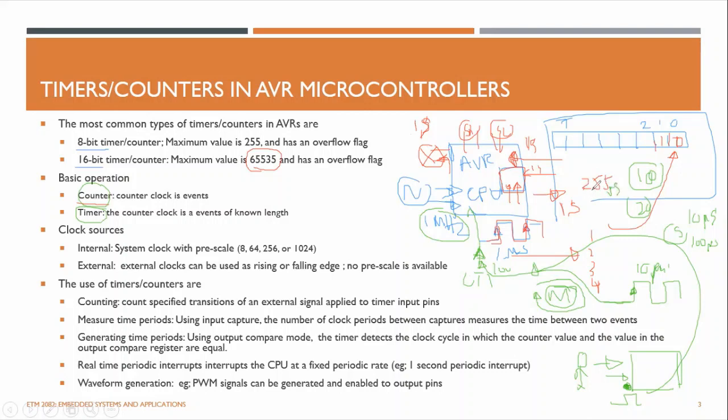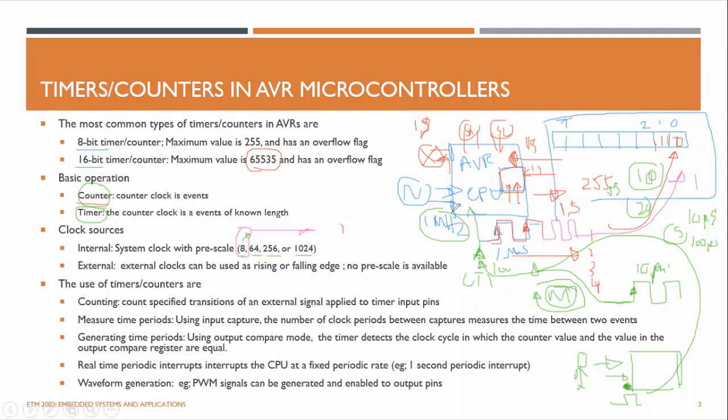If you want a longer period, you can use prescalers like 8, 64, 256, and 1024. For example, if you use 8, it means that when 8 CPU clock pulses go, only then will it update this by 1. For 8 CPU clock pulses, it will update the counter by 1, right?